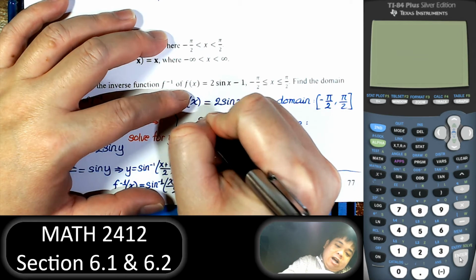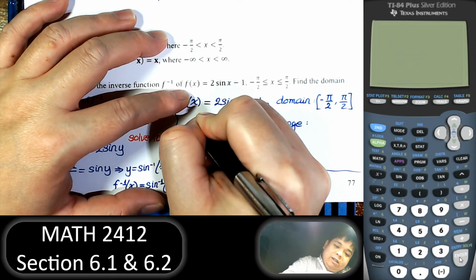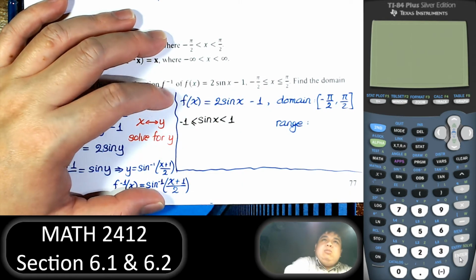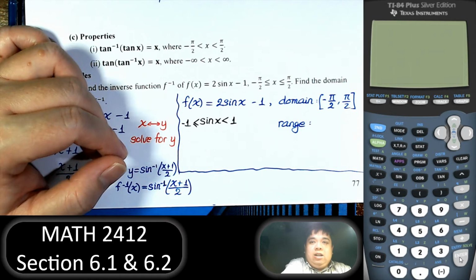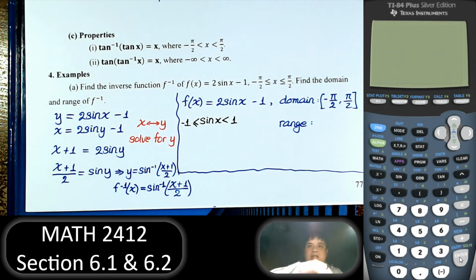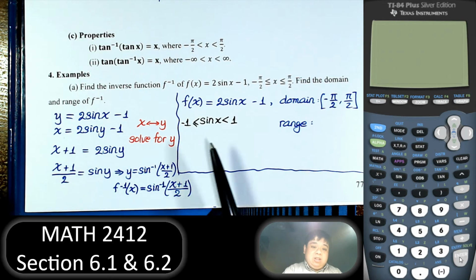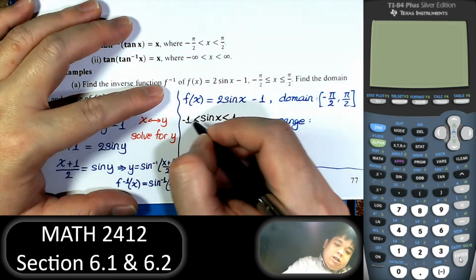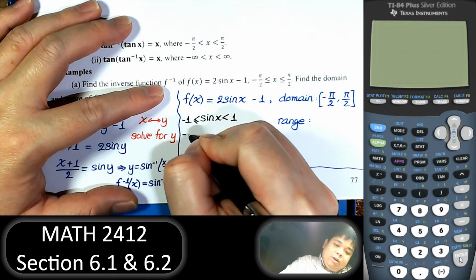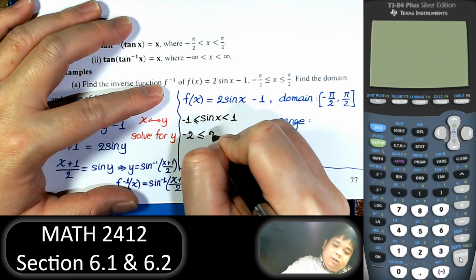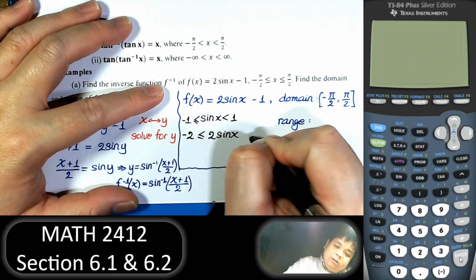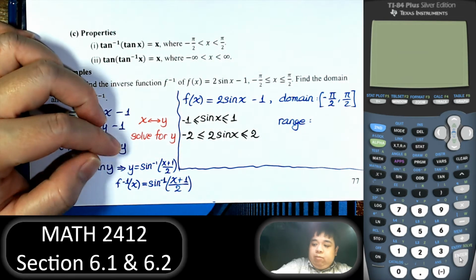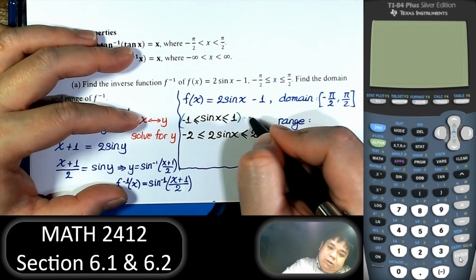Remember, sine x in general is between negative 1 and 1. Remember the graph, the range of sine x is negative 1 to 1, right? Now we can multiply by 2 on both sides, so I have negative 2 to 2. Just multiply everything by 2.